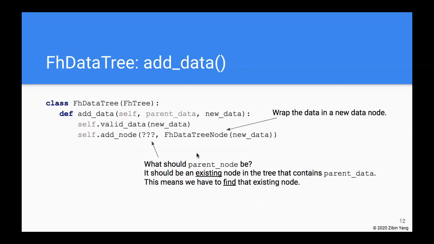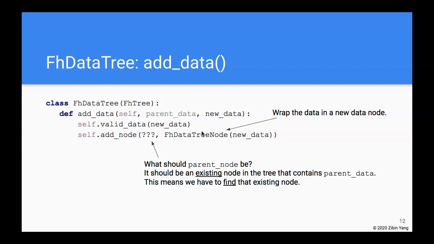And the way to implement add data would be something very similar to what we've done so far, that first we validate the new data to be the right type, and then we'll just use its FhDataTree counterpart, the add node, to add the new piece of data that is wrapped inside a data tree node.